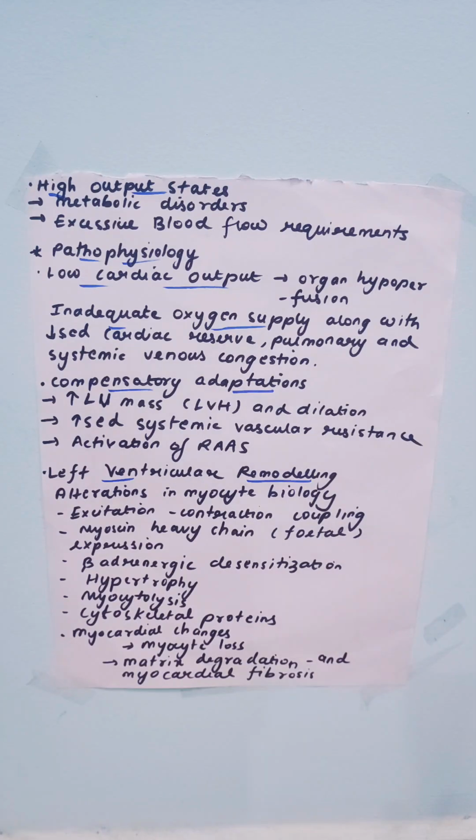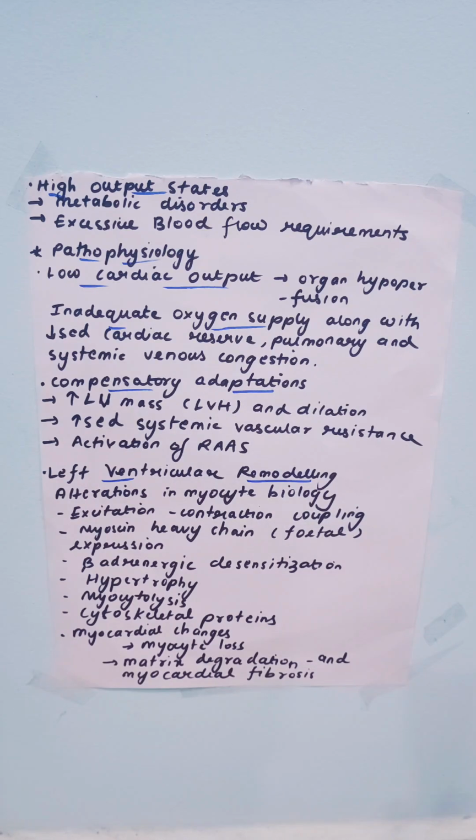Beta adrenergic desensitization. So repeated stimulation of the heart leads to reduced responsiveness. The responsiveness of the heart is reduced on repeated stimulation. The beta adrenergic receptors are desensitized in presence of stress hormones like adrenaline, noradrenaline.